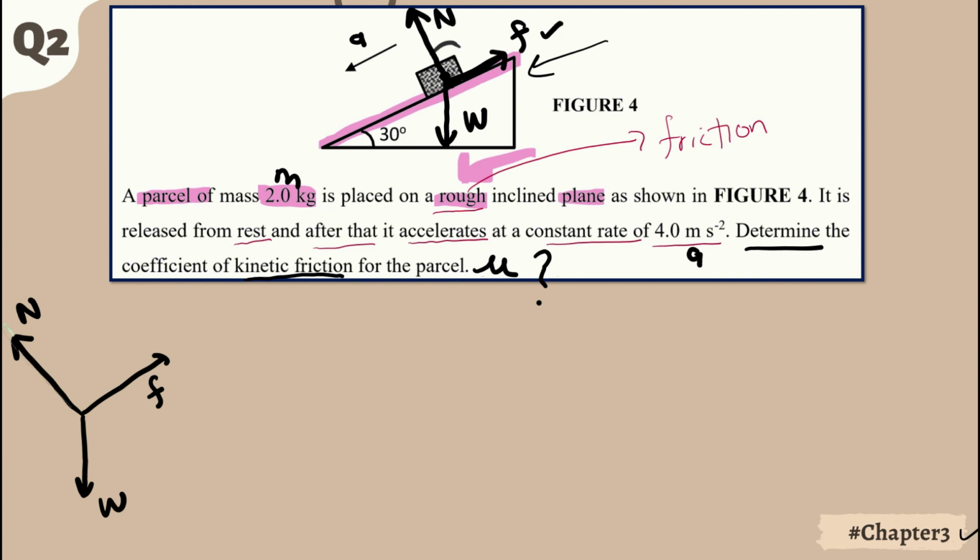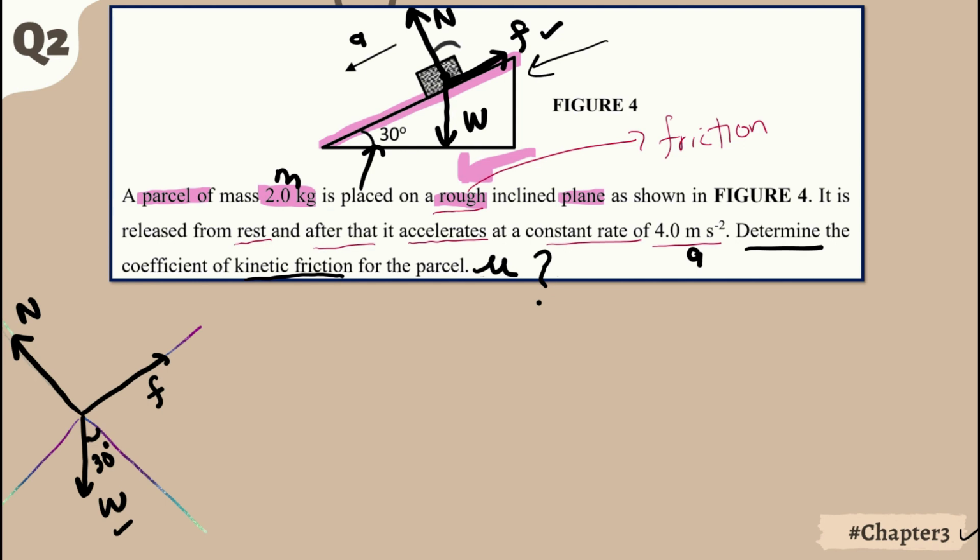If we assume this is our y-axis and this is our x-axis, with the angle 30 degrees here, then we can see that our W is not lying exactly on the x and y axes. Then we need to resolve.